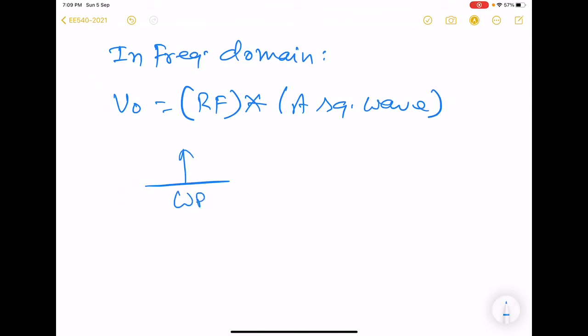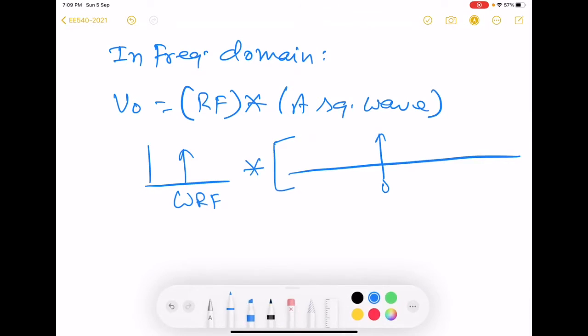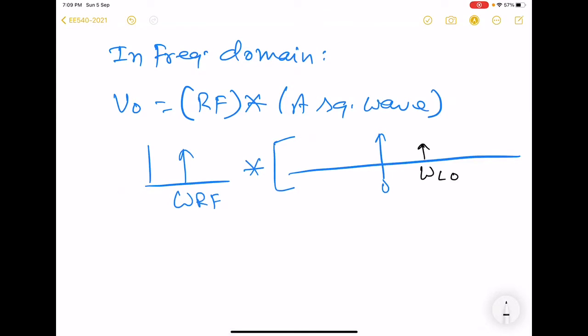For example, this is omega RF. This when gets convolved with square wave, basically gets convolved with this train of pulses. One is a DC, and then others are at various frequency components. For example, at omega LO, at minus omega LO, and then at minus 3 omega LO, and at plus 3 omega LO, and so on and so forth.